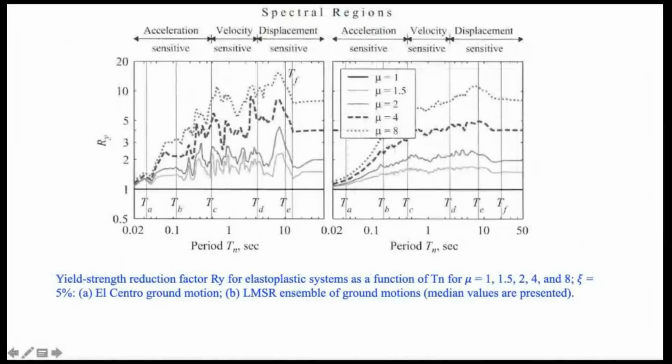What you see in this figure is that the yield strength is reduced with increasing value of the ductility factor. These are the same plots, but now they are shown for various ductility demands: 1, 1.5, 2, 4, and 8. On the y-axis is the strength reduction factor, varying with the vibration period and the ductility.